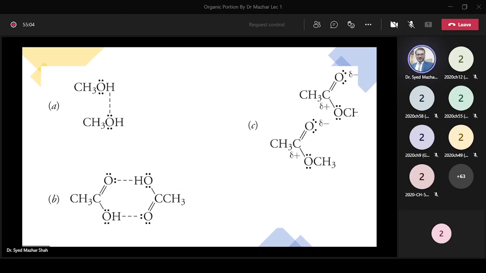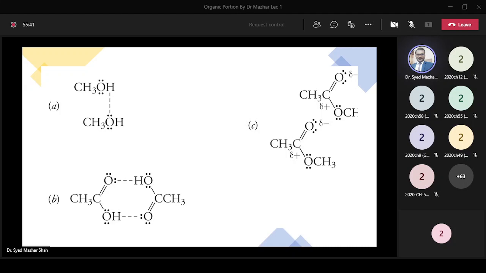That is the top of the group and the right of the periodic table. Am I right? Because electronegativity, maybe you have studied already, when we move in a period from left to right, does electronegativity increase or decrease? Increases. So it means that the element at the right end of a period would have the highest electronegativity in that period.